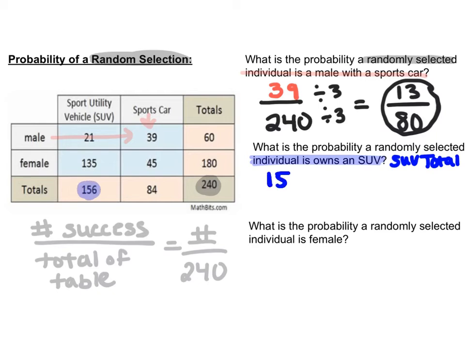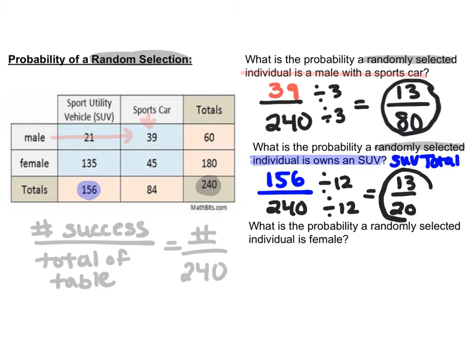So it'll be 156 over, again, it's the probability of a randomly selected, which means that I'm putting it over 240. Now, if I want to simplify 156 divided by 240, I can check my calculator. And if I divide the top and bottom by 12 to simplify the fraction, it gives you 13 over 20.